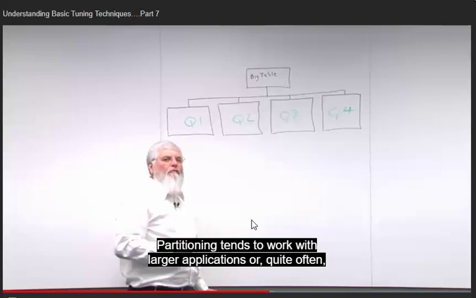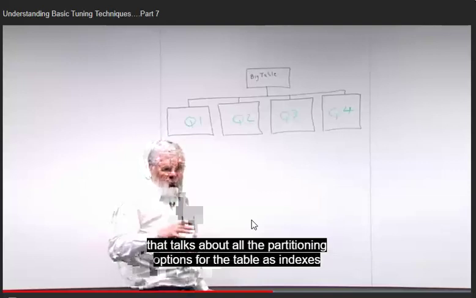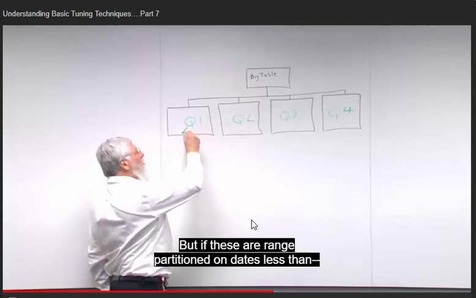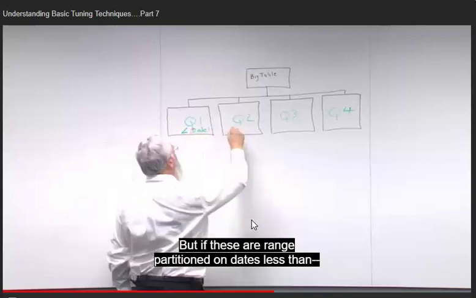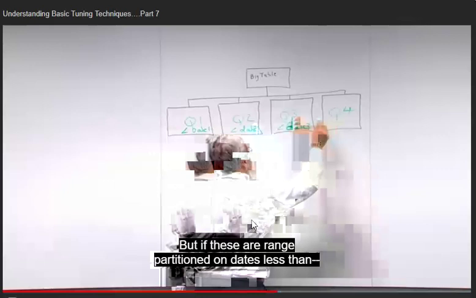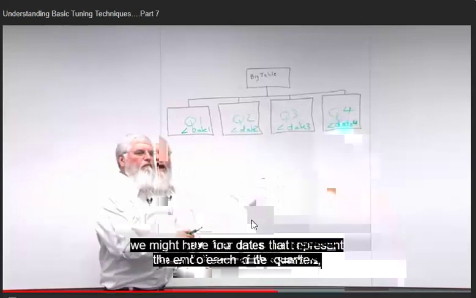But if these are range partitioned on date less than, we might have 4 dates that represent the end of each of the quarters. And then anything that is less than the first quarter's date goes into partition 1.